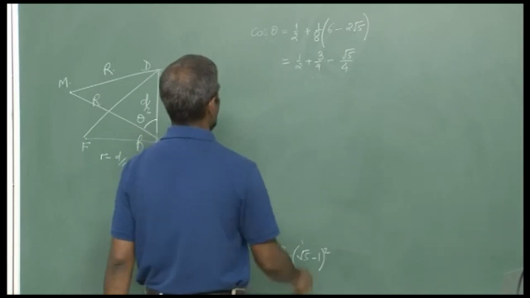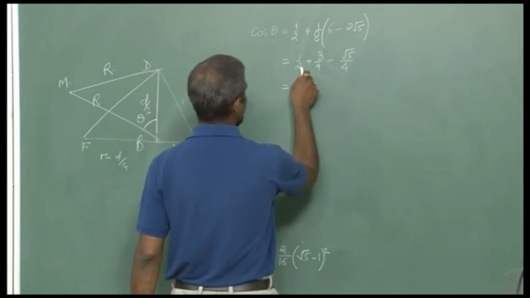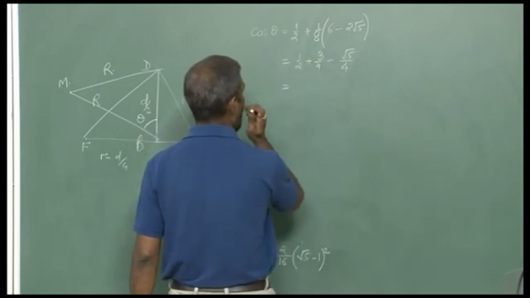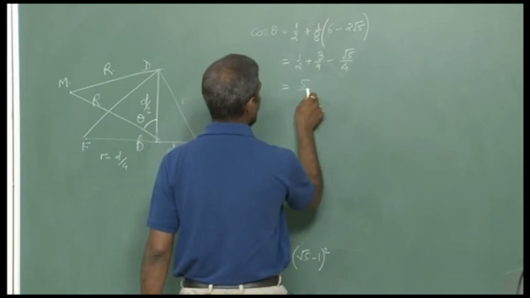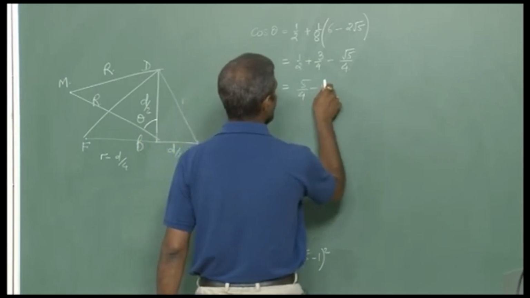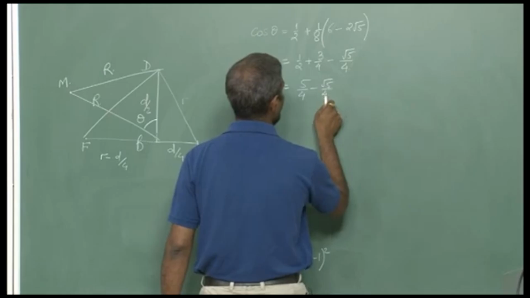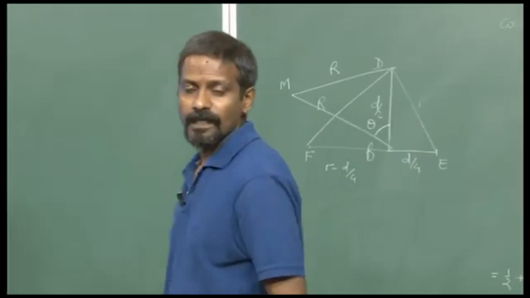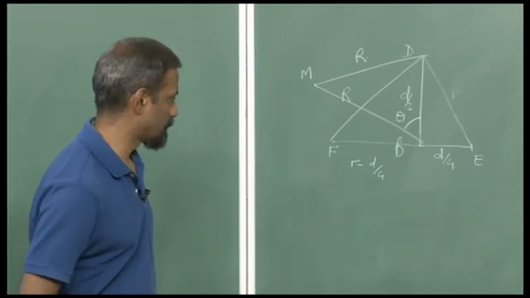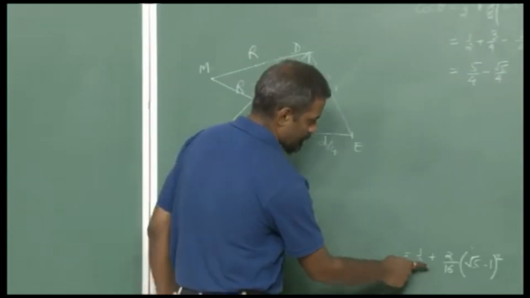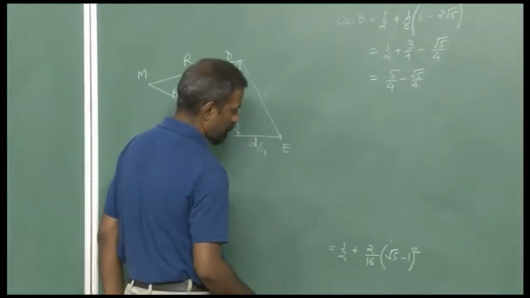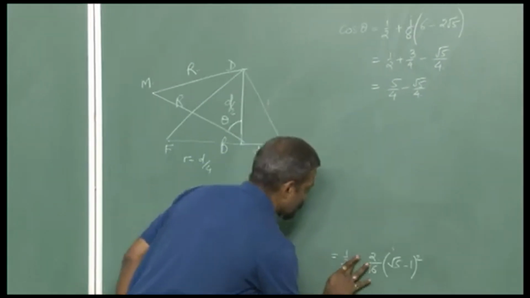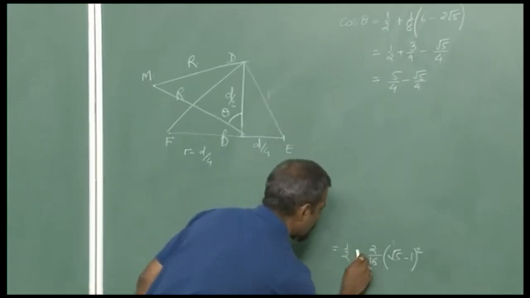Okay, this is equal to, if I multiply and divide by 2, I've got 5 over 4 minus root of 5 by 4. So I just realized that I made a mistake here. I make a lot of mistakes. So instead of the positive sign over here, I should have really had a negative sign. So I'll go back and correct my mistakes.